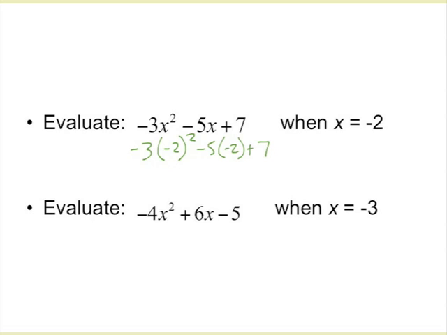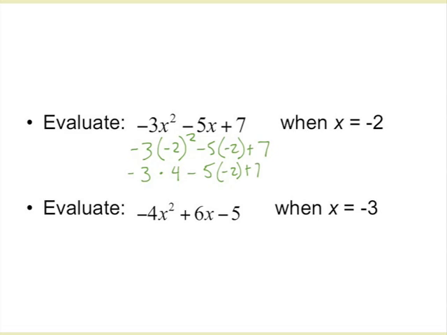So that's why it's important that when you substitute in a number for a variable, that you put parentheses around it. Because now as we work through our order of operations, there's nothing to do inside of the parentheses, so then we'll do our exponents. And when we do that exponent, this turns into a positive 4. Whereas if we didn't do the parentheses, we would have a negative 4. So parentheses are important.